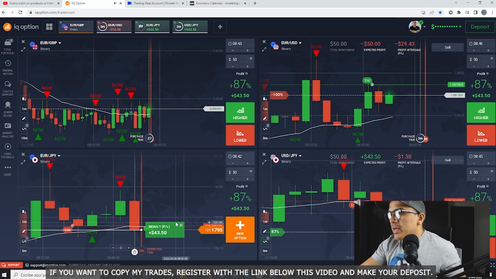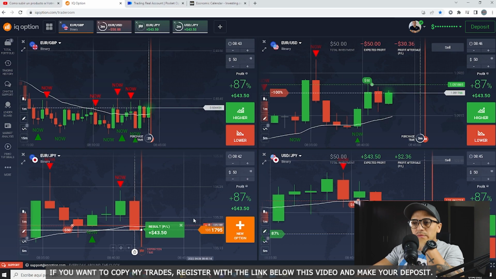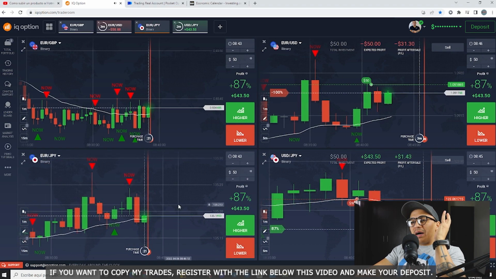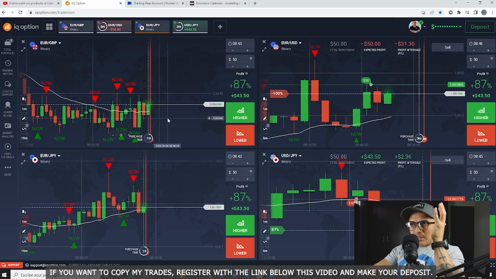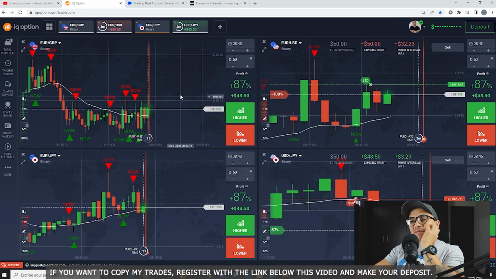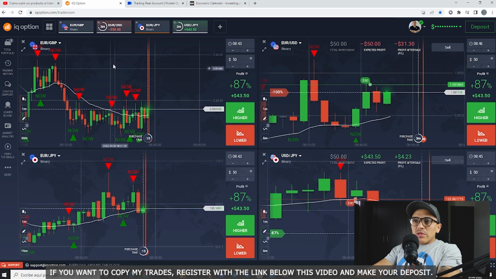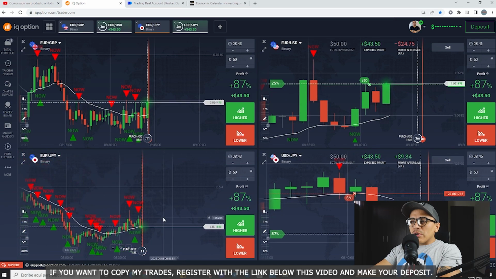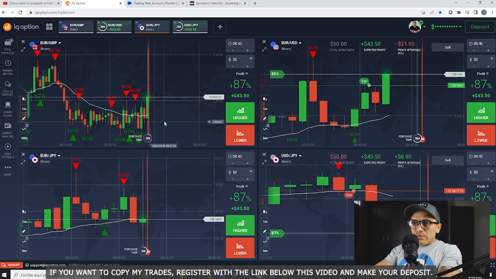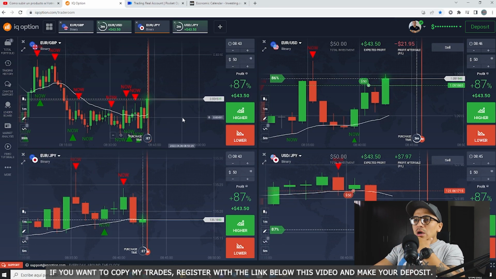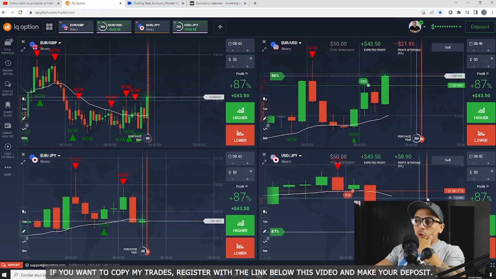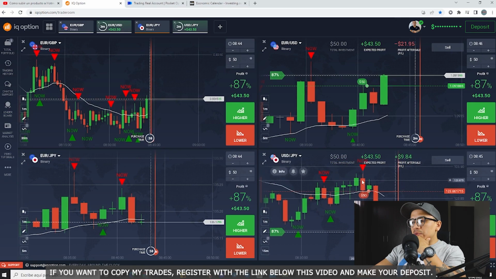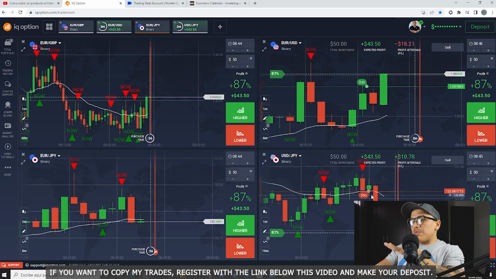So let's explain how this strategy works for binary options. We receive the alert and we trade for 5 minutes. The moment it sends a signal and we have a downtrend, we trade only for a put. If we have an uptrend, we trade only for a call. In this case, USD/JPY put was deep in the money.